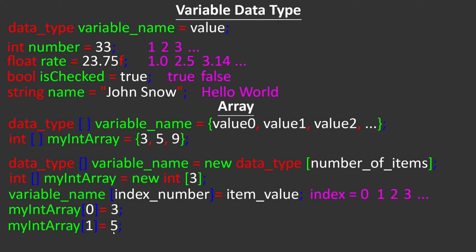Here we are assigning the value of 5 to the second item, index 1, in the myIntArray array. Similarly, myIntArray[2] equal 9. So here we are assigning the value of 9 to the third item, index 2, in the array.